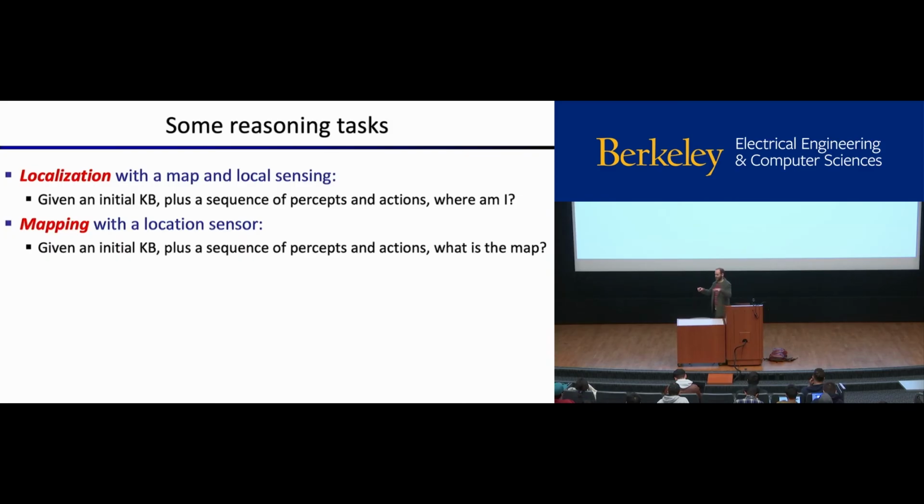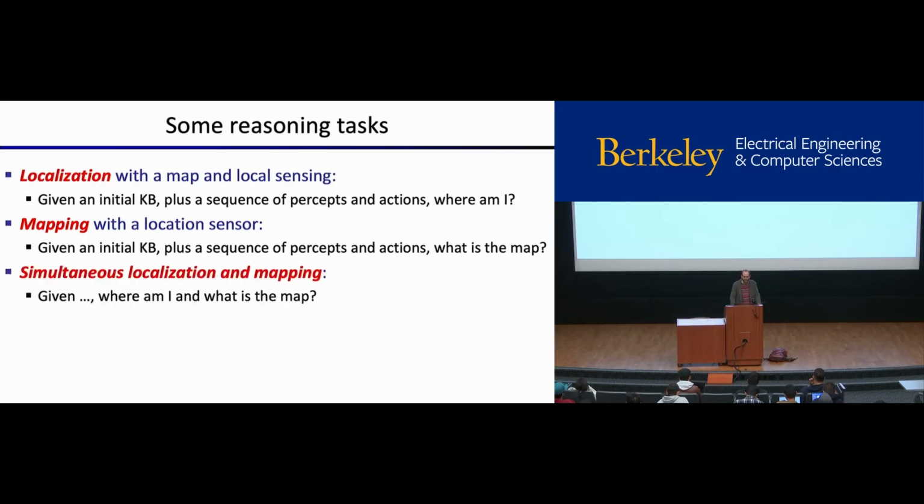And as I move around and I sense new things, and I know where I started, I can build the map around me. And even better, we can do simultaneous localization and mapping. So given the same things as above, maybe you don't know either your location or the map, but as you get more sensory information, you can slowly start to build the map. SLAM, this is called, if I didn't say that already.